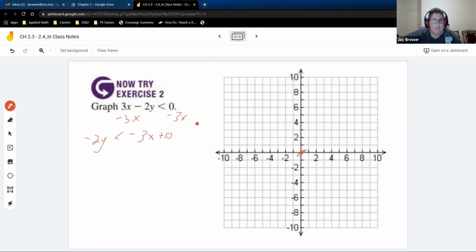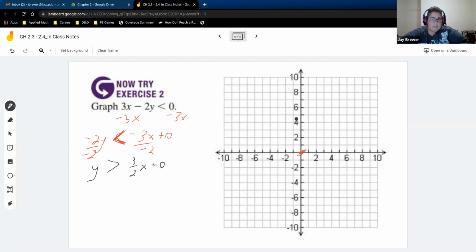So that's 0, 0. And then we're going to divide everything by -2. Remember, when we divide or multiply by a negative, we flip the orientation of our sign. Now, when we rewrite it, it'll be y greater than 3/2 x plus 0.